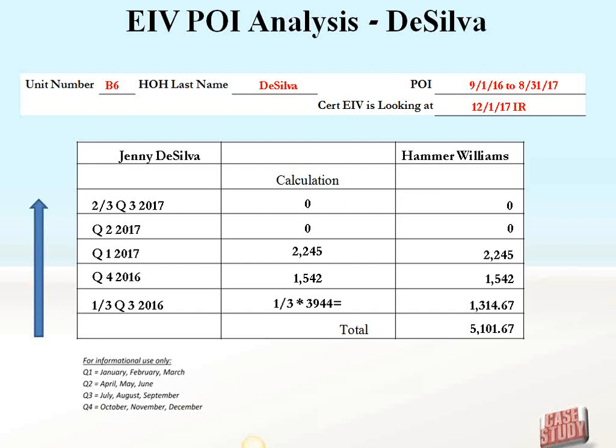Más o menos on the rounding. You and I just rounded different. Don't sweat that. That's not going to impact the concept here, okay? So collectively through that quarterly range from Hammer Williams, Jenny earned $5,101.67, or 66 cents, whatever you want to do.